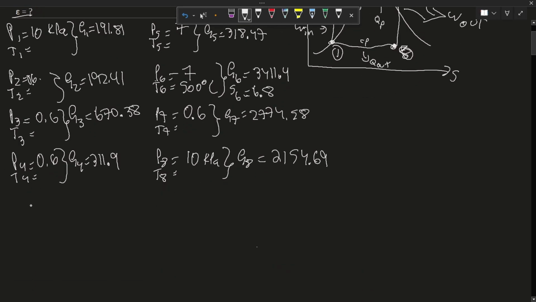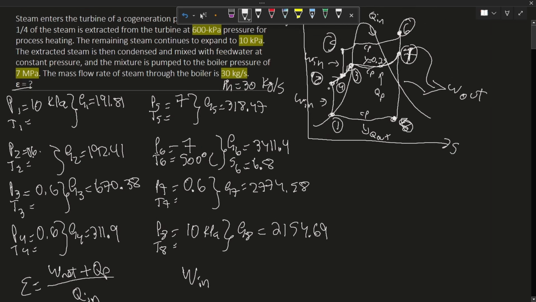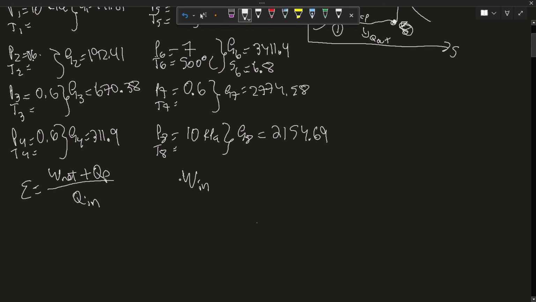All right. So utilization factor is equal to W net plus Q process divided by Q in. To find W net, you need to find W in and W out. W in at both of these points over here, I'm going to label this as 1, plus W in at the second pump.